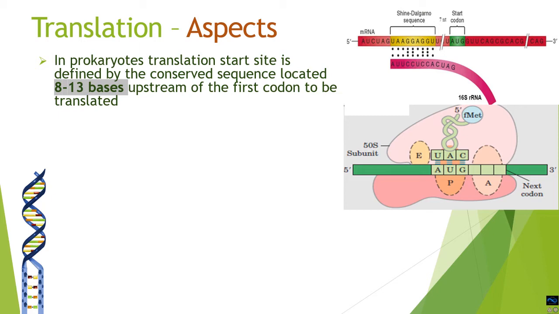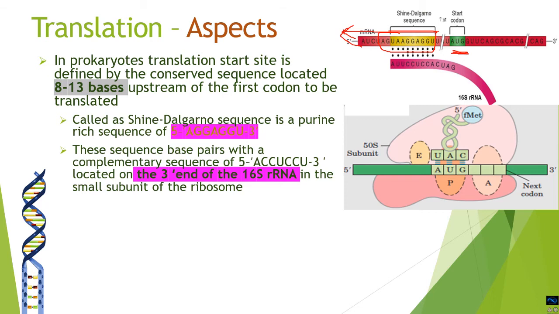If the start codon is like here in the picture, you will see there is an untranslated region present in all kinds of mRNA, and this untranslated region contains specific sequences which are highly conserved, usually 18 to 30 base pairs. These are called the Shine-Dalgarno sequence, with a conserved sequence of AGGAGGU.